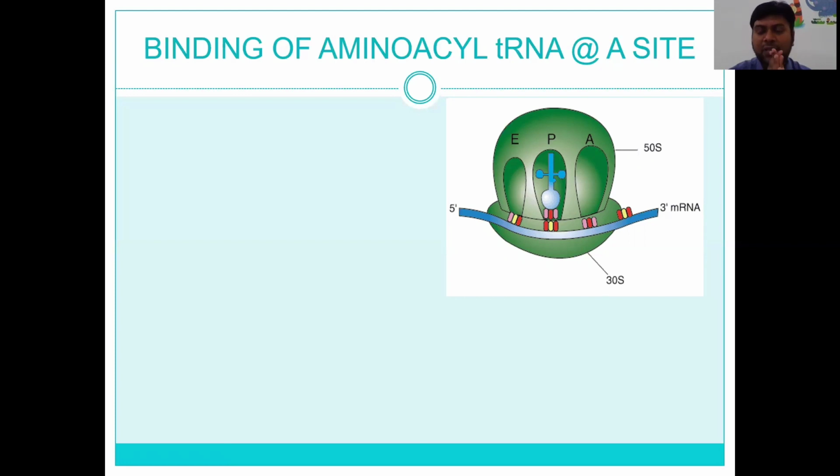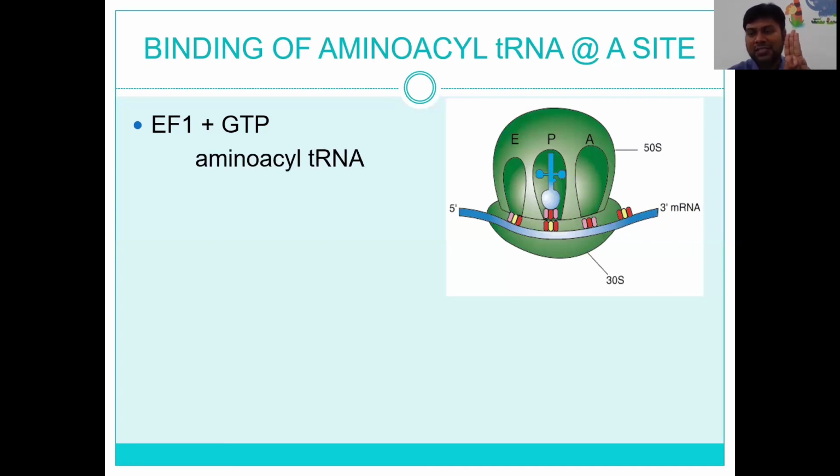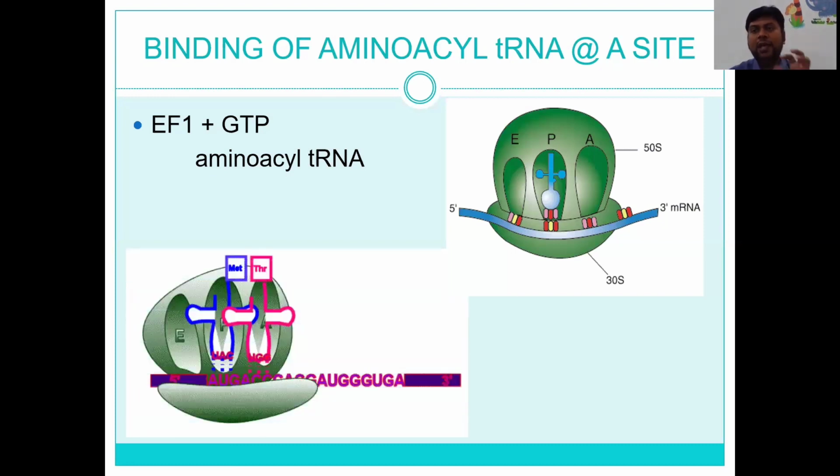Similarly here the same thing happens, but the difference is that there it was the second step in the initiation phase, so the factor was initiation factor 2, but here it is the first step in the elongation phase, so it is elongation factor 1. The elongation factor 1 will bind with GTP to form a binary complex. This binary complex will bind with the new amino acid tRNA to form the ternary complex. Now this ternary complex, with the hydrolysis of GTP, with the energy produced from the GTP, will bind to the A site at the appropriate codon. So this is the first step, binding of amino acid tRNA at the A site.